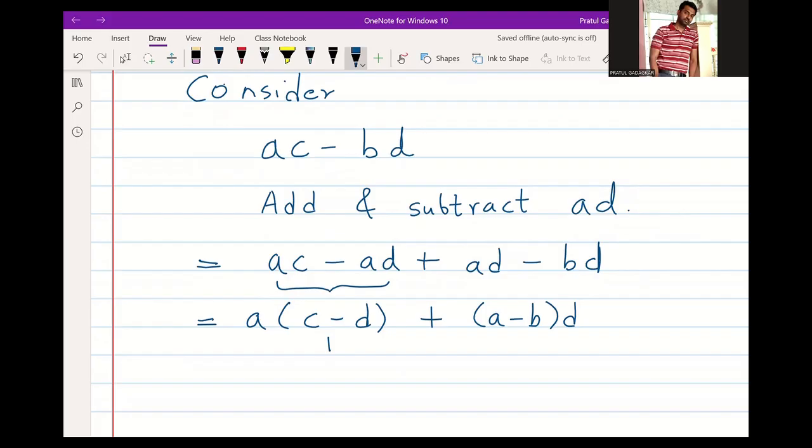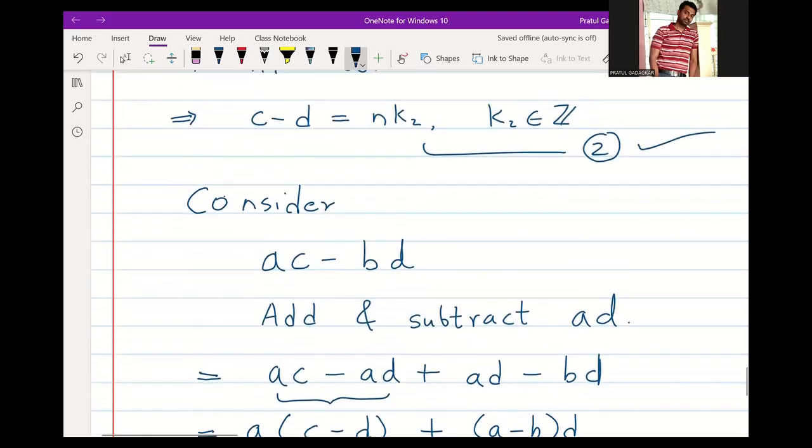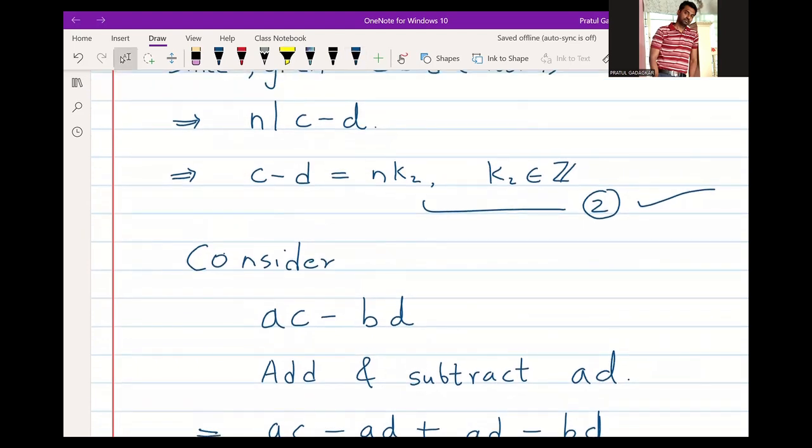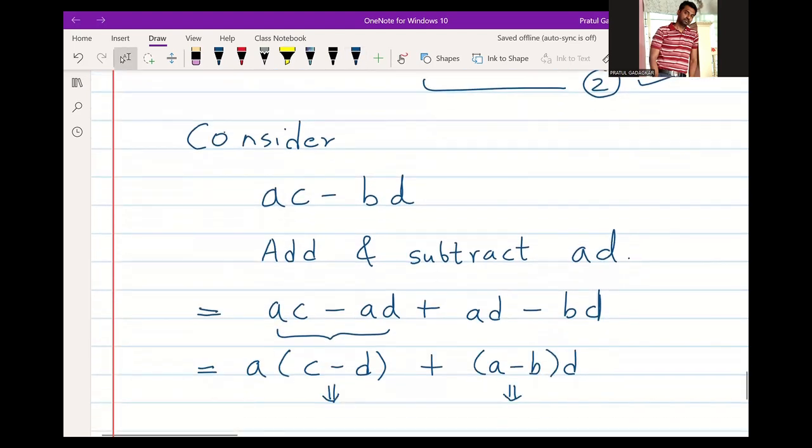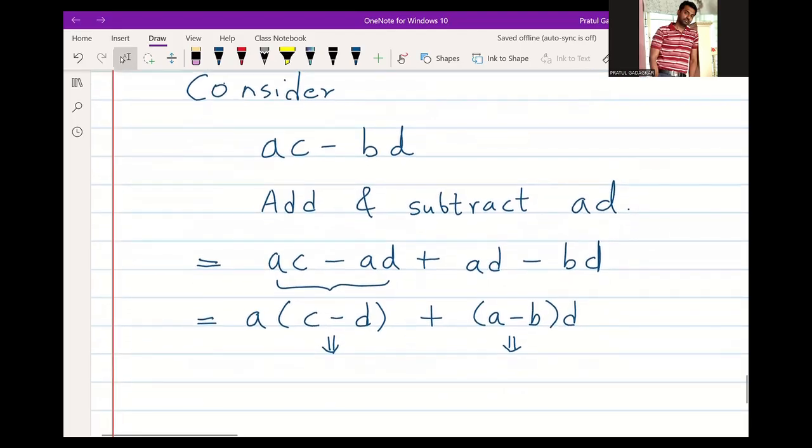Now recall equation 1 and equation 2 from above. Equation 2 says C minus D can be replaced by nK2, so it becomes A into nK2.